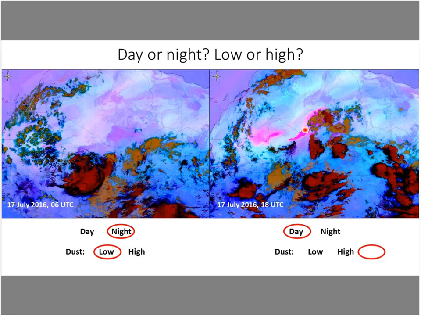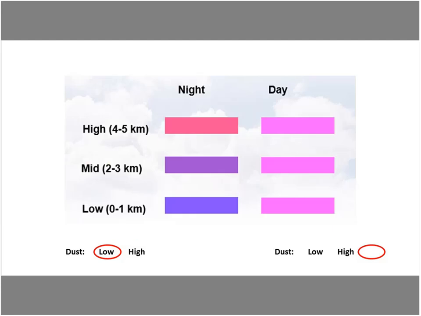So the red contribution is high for all of them. So in conclusion, in combination with the blue color, they all give this bright magenta color. So you cannot know during the day whether they are high or low. And this is basically the table you should remember. During the night, we can detect whether the clouds are high or low, and during the day, they're basically all of the same color.